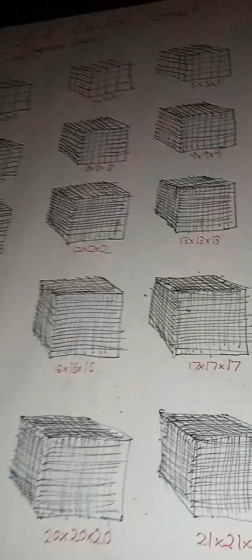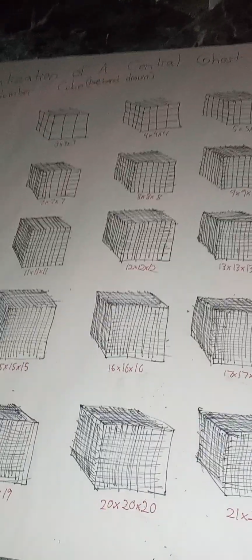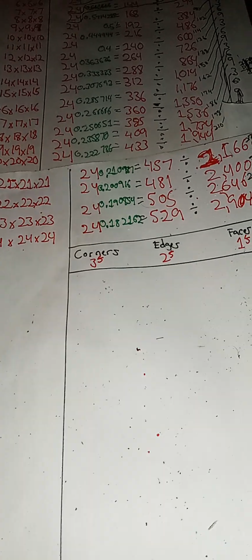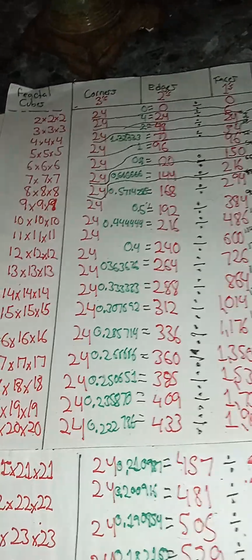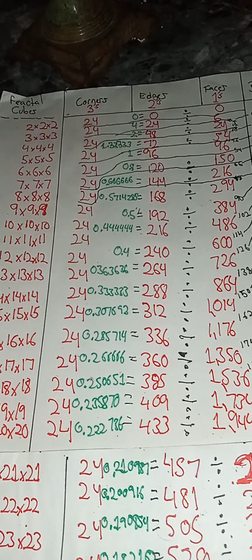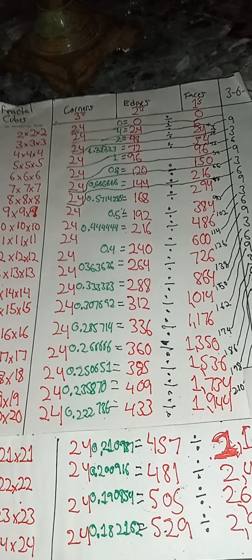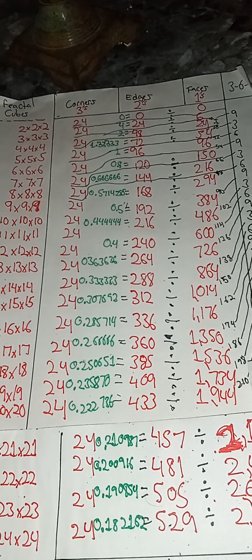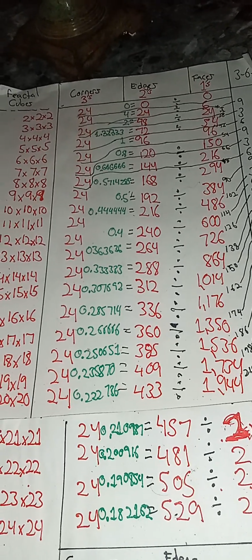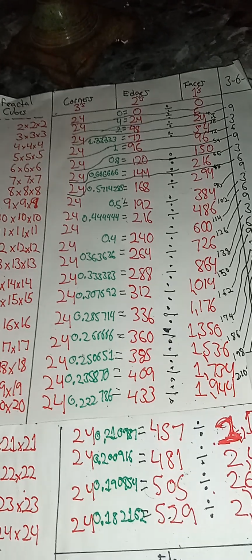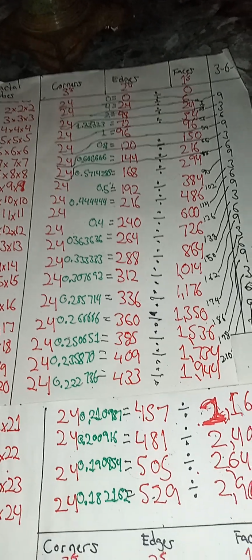This shows the fractalization of an inner ghost number cube, central ghost number cube. And that you just saw is an illustration of what I've done over the past few days. Calculated the relationships of the edges and the corners and the faces.